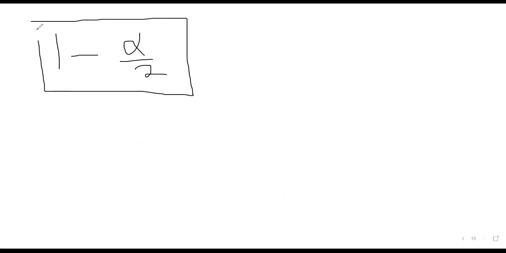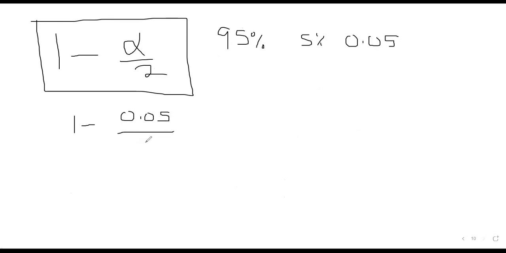So if you have 95%, we know this is 5%, meaning the alpha is 0.05. So using this method here, we're going to have 1 minus 0.05 divided by 2. This will give us the final answer, which is 0.975.